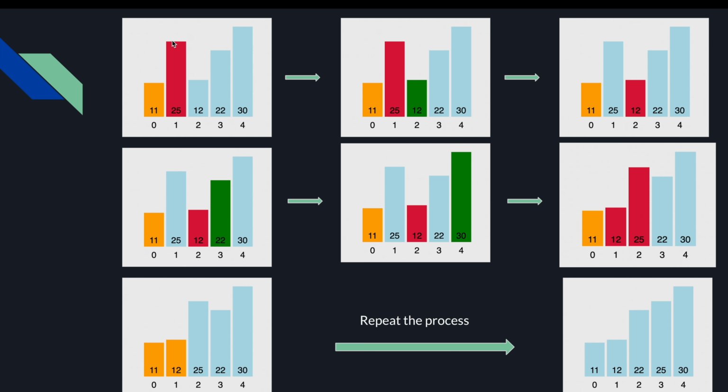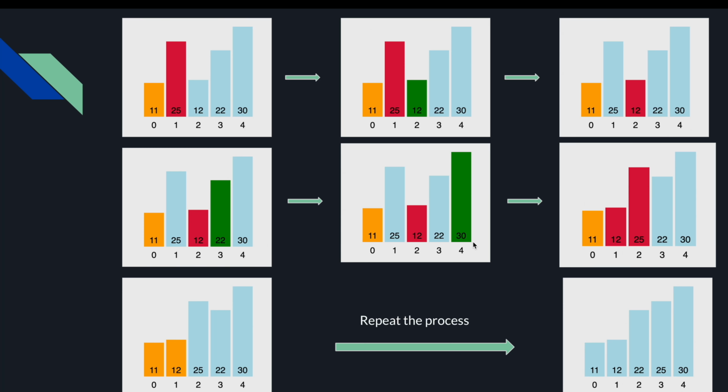Let's assume 25 is the smallest element of our unsorted part, and then compare it with the next element. And as we know 12 is smaller than 25, then 12 is our new smallest element of our unsorted part. We will repeat the step of comparison until we reach the end of our array. As 22 and 30 are greater than 12, then we don't need to change our smallest element.